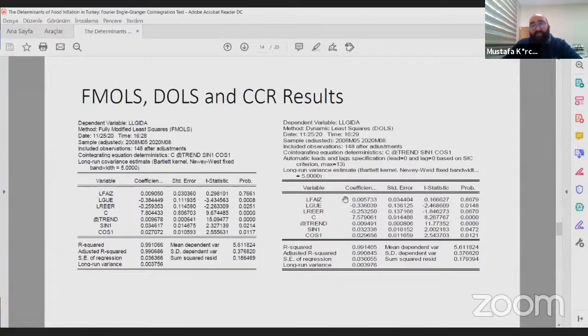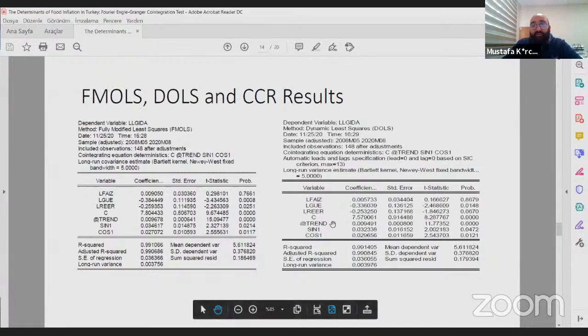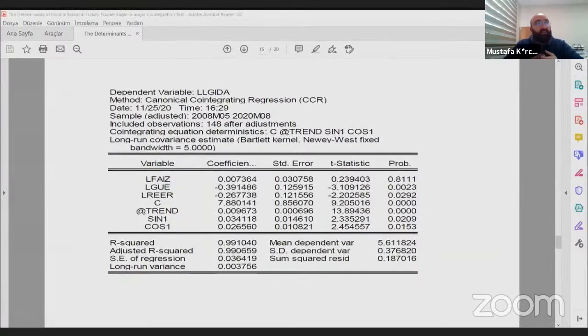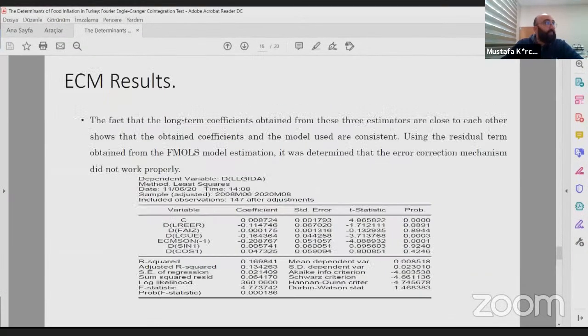Also, these results show nearly the same coefficients. CCR, like the others, FMOLS and DOLS, is very close to the other coefficient estimator results. The fact that the long-term coefficients obtained from these three estimators are close to each other shows that the coefficients obtained in the model used are consistent.